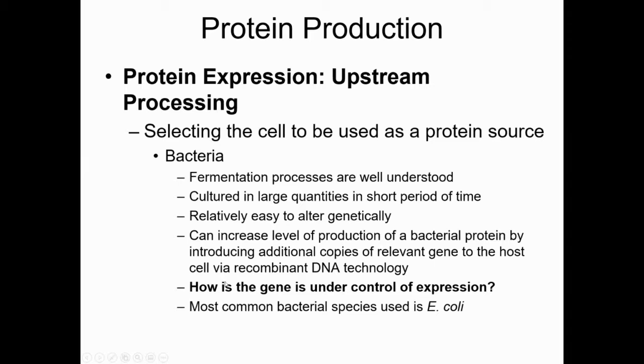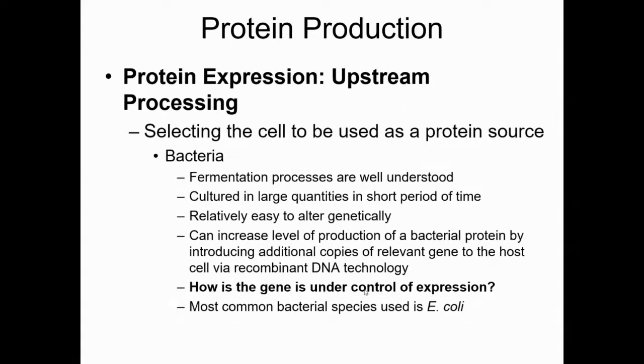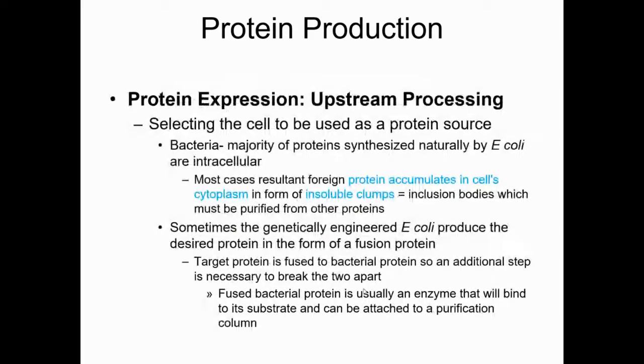Okay. And then, of course, the most important thing is how the gene is under control of expression, which we just discussed. Those are expression vectors for the bacteria cell, right? So the most important feature is the promoter that can control the expression of the protein. And then the most commonly used bacteria species, we use E. coli, right?